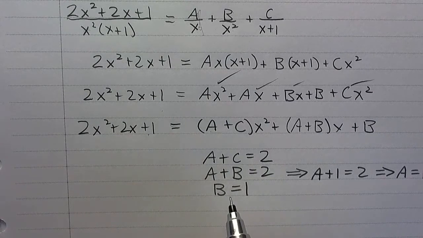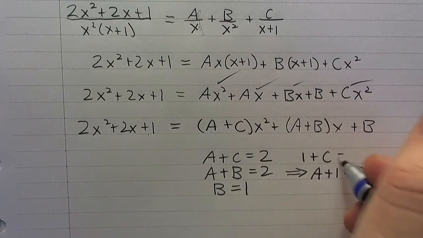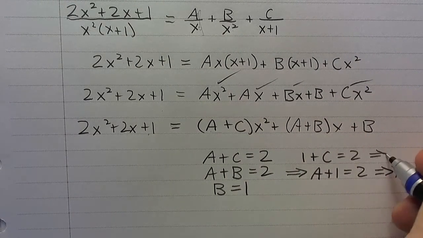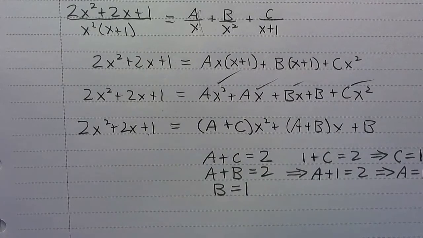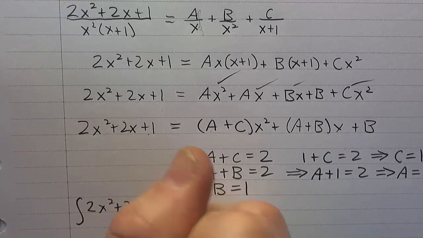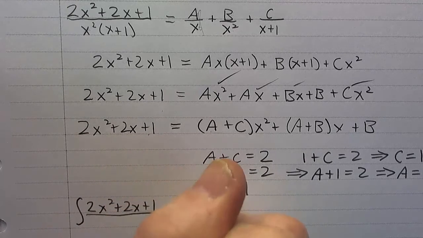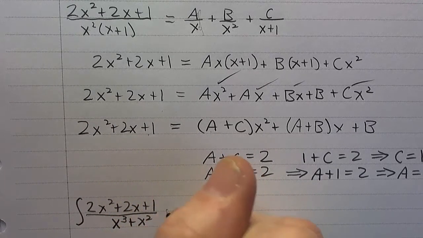So a and b are both equal to 1, and then we've got 1 plus c equals 2. That means that c is equal to 1 as well. So a, b, and c, they're all equal to 1. So our integral then, we had 2x squared plus 2x plus 1 over x cubed plus x squared.